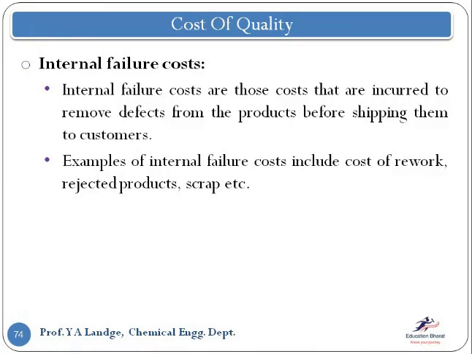Rework means, for example, if you are making one component on the lathe machine, and the diameter required for that job is 10 centimeters, but unfortunately the worker gives 10.1 diameter. Ultimately, when the quality cell checks, they find that there is an extra diameter, so they have to work on it.